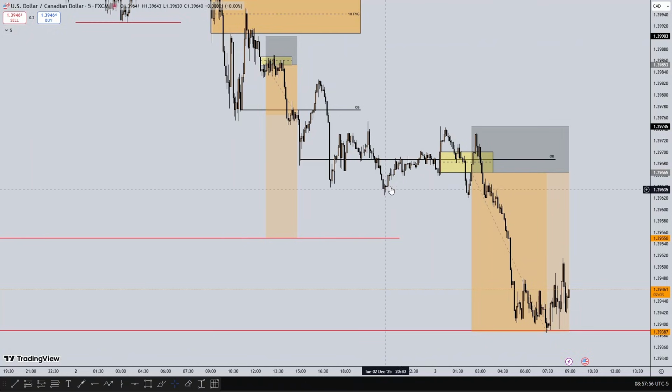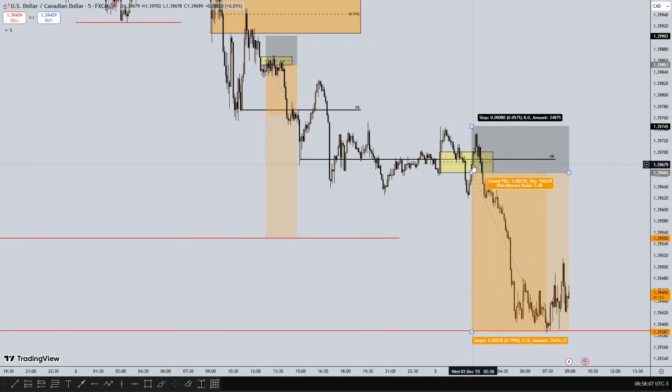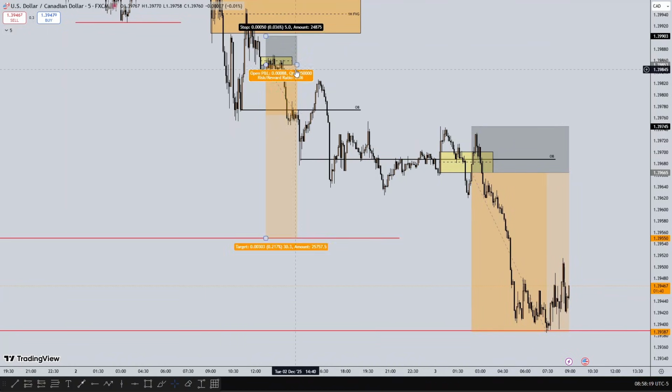Because when price retraces to the order block, the overall order block, this is the shift in structure trading through this fair value gap. Price will use it as an inversion fair value gap, and I want my stop above a swing high, above the inversion fair value gap at a swing high. So this was the initial trade.